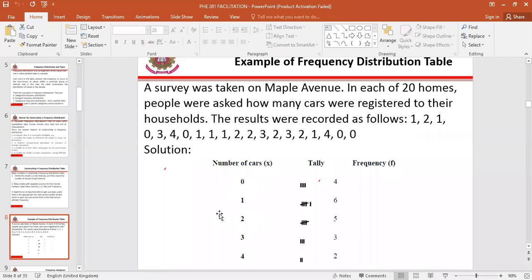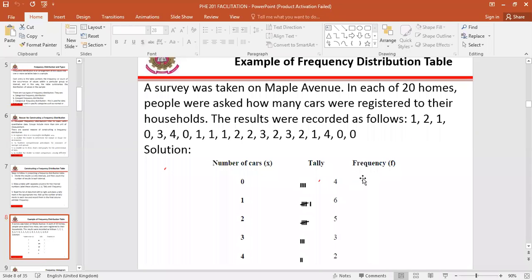Are you with me? 1.5 to 2, 2.5 to 3, 3.5 to 4. So it's like a range. You are going to pick the number that falls within the range that you have chosen. Then you count the number of tallies. Then you record your frequency.